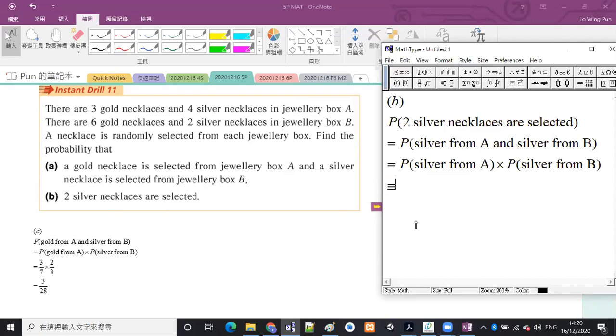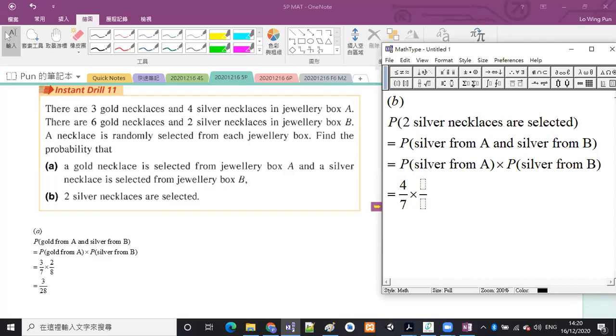Okay, and then that should be the product of 2 fractions. First one is silver from A. We are choosing a necklace from box A, and the number of options we have is 7. Among the 7 options, 4 of them are silver, right?